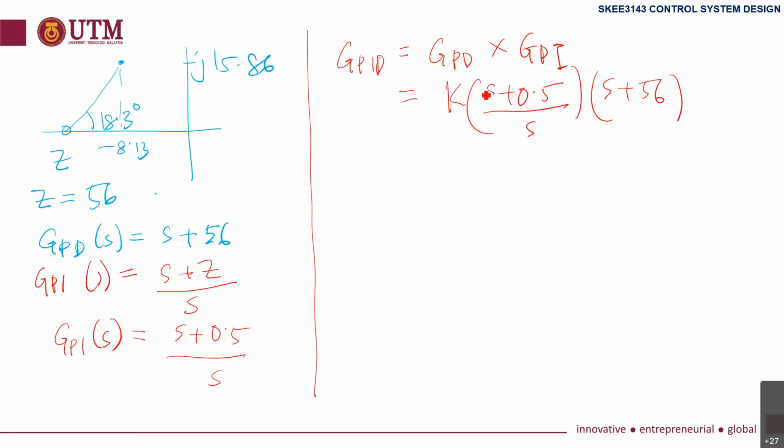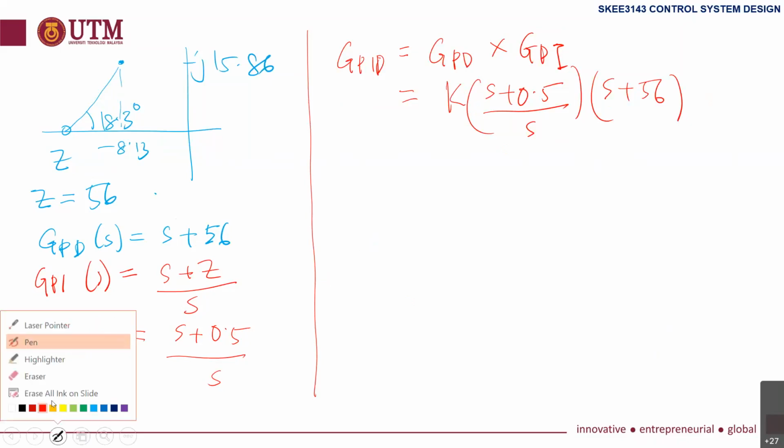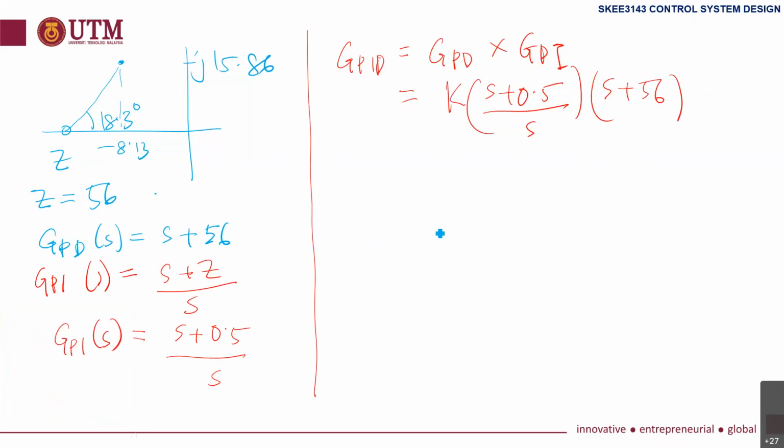How can we find K? We can find K by also using the same technique in which we calculate the distance. So now we have to include all the poles and zeros, including the ones from the controller. So we have before minus 3, minus 6, minus 8, minus 10.